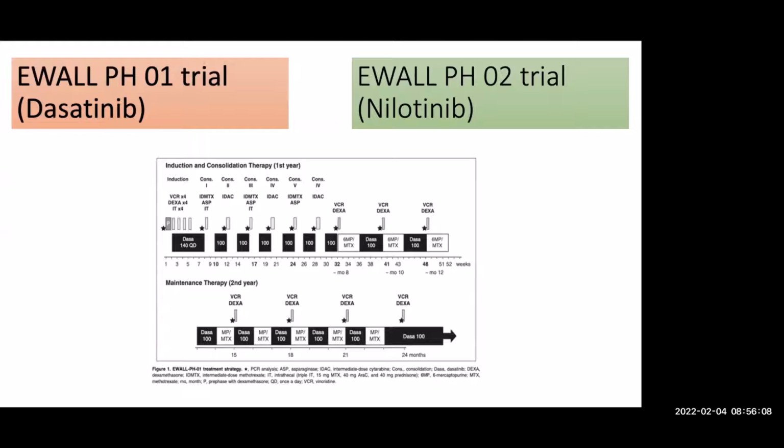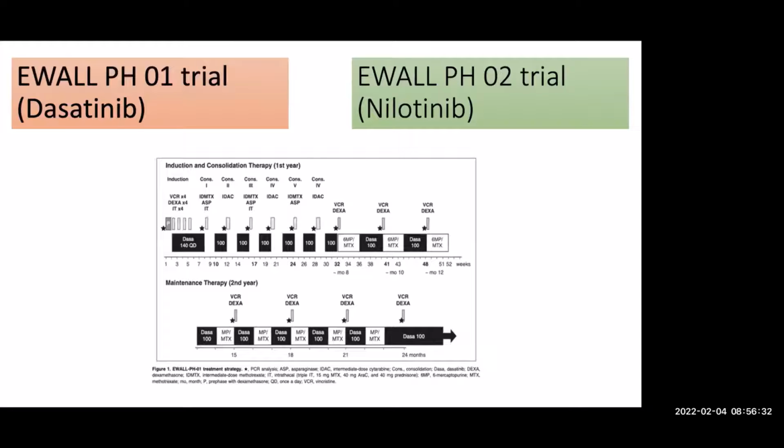So the first approach was to look at whether the intensity of the chemotherapy can be reduced. This was looked at by the European Working Group, where there were two trials, the EVOL trials. The EVOL 1 trial used dasatinib. The EVOL 2 trial used nilotinib, but the protocol is almost similar.